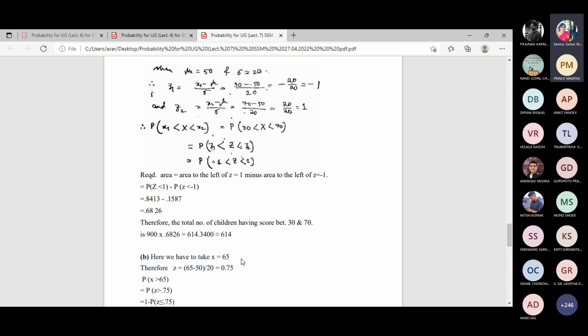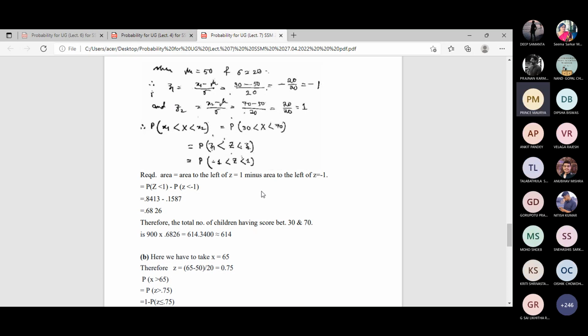They have told in between, so you can exclude 30 and 70. That's why we have written not equal to, less than equal to. Yes. What is your question then? That was the question, whether to include the extreme values or not. Once again, repeat loudly.